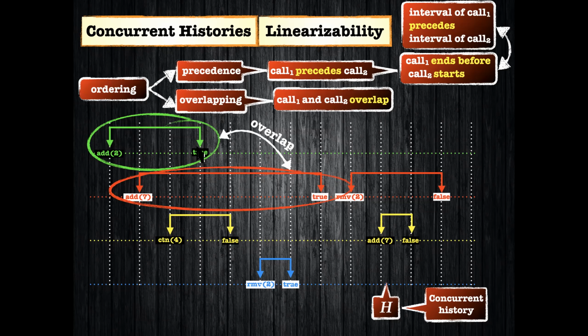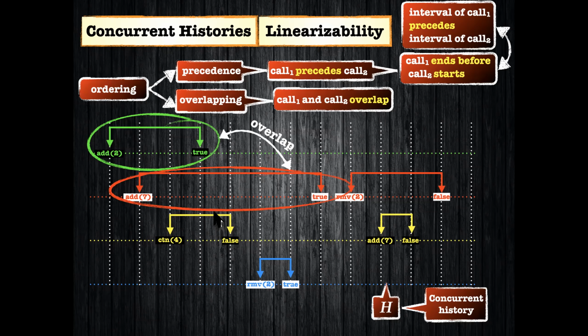So either one of them is included in the other, or the second one starts, the first one ends, and then the second one ends. So you can have two types of overlapping. But both of them are called overlapping calls.